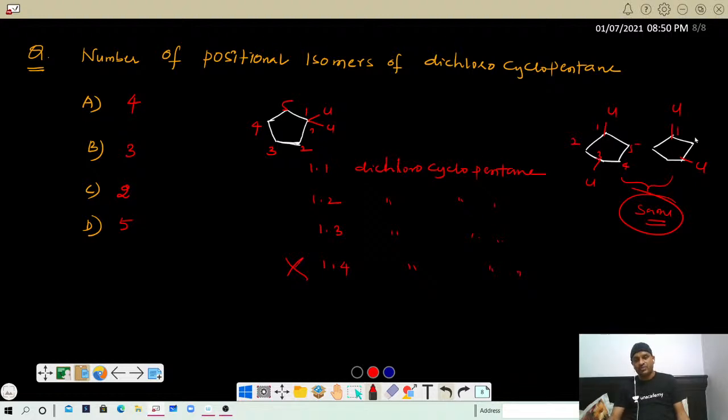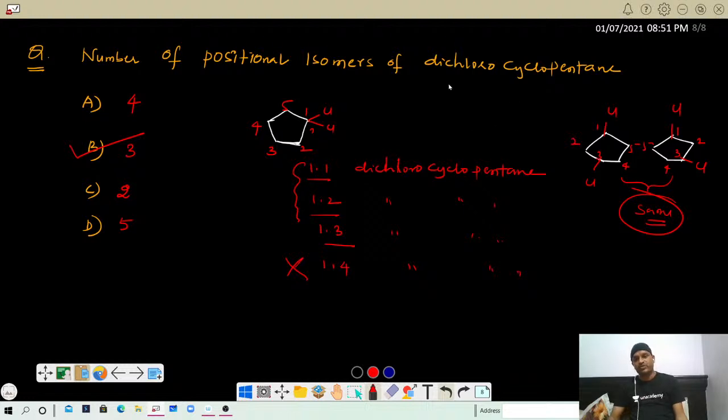If you give numbering from this side, 1, 2, 3, this 4, this 5. So both are 1, 3 dichlorocyclopentanes only. Therefore, how many positional isomers are possible? 1, 1, 1, 2, 1, 3. Therefore, the answer is B. So 3 isomers are possible.